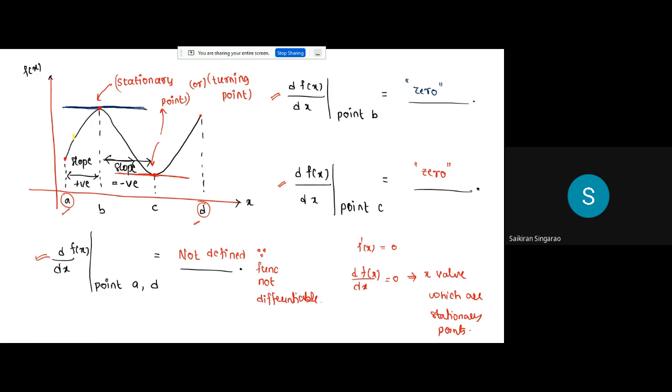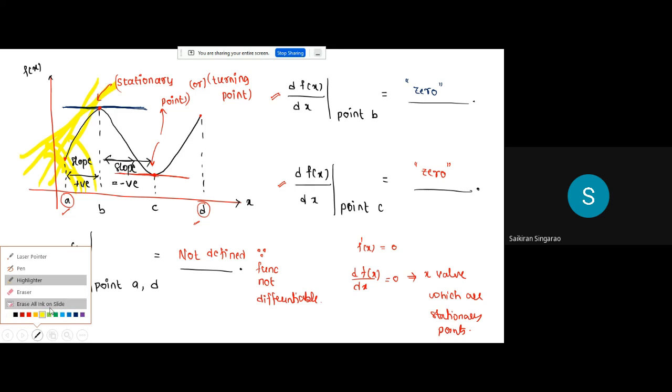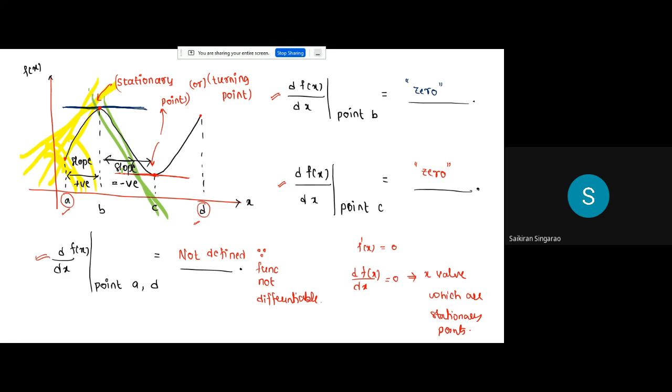You take any point and draw a line like this, and you will definitely get an acute angle. Whereas if you take this side and draw any line, it will make an obtuse angle, right? Obtuse angle means it will have a negative slope, or a decreasing slope. You can also understand it like this.